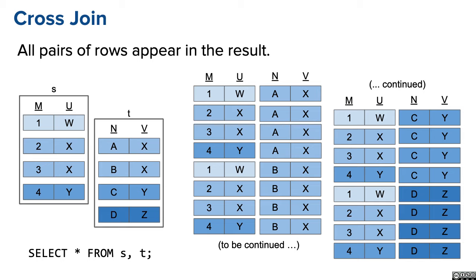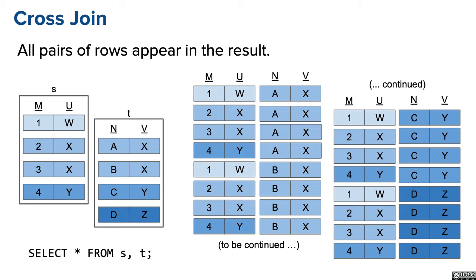A cross join takes all the tuples of one table and joins them together with all the tuples of the other table. For example, I have here two relations, S and T. Each of those relations has two columns or attributes.